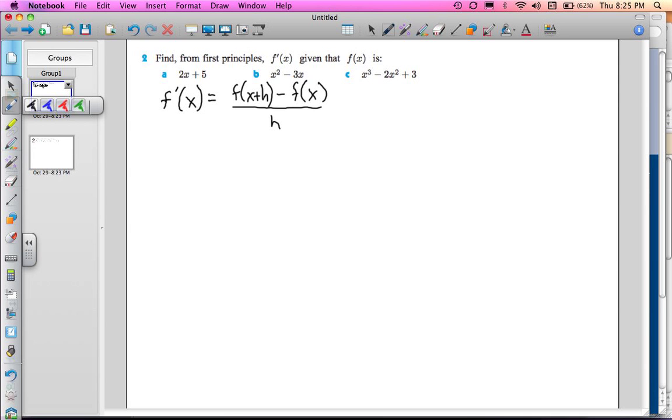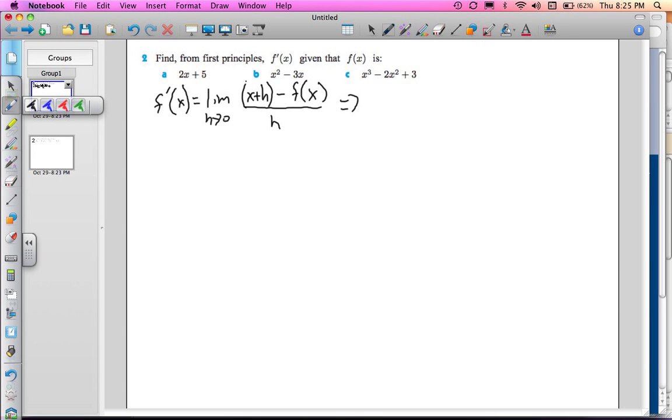Oh, I forgot the limit. Sorry, it's the limit as h goes to 0 of this. So this is the equation that we're using.